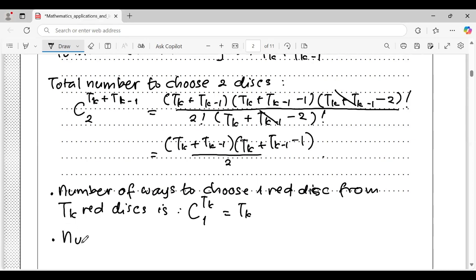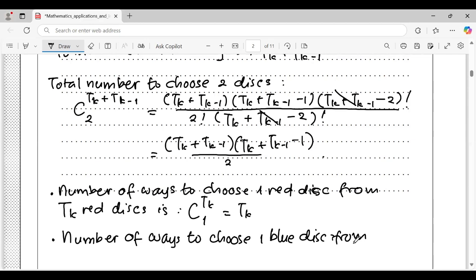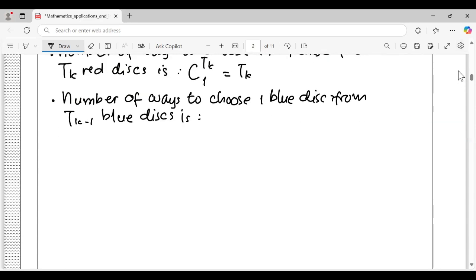And the number of ways to choose one blue disc from Tk minus 1 blue discs is the combination Tk minus 1 choose 1, which is Tk minus 1.